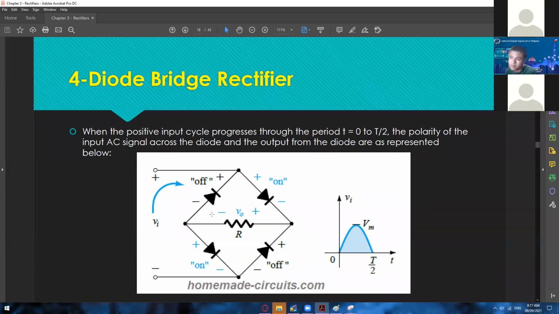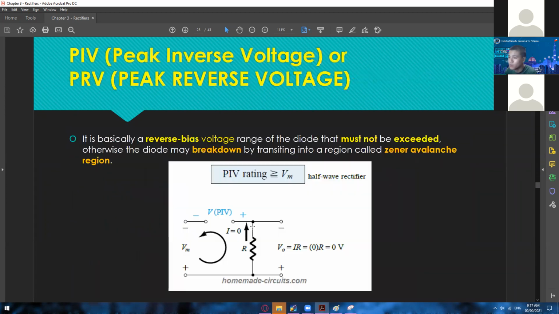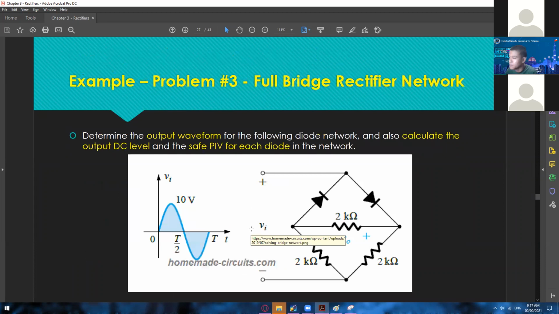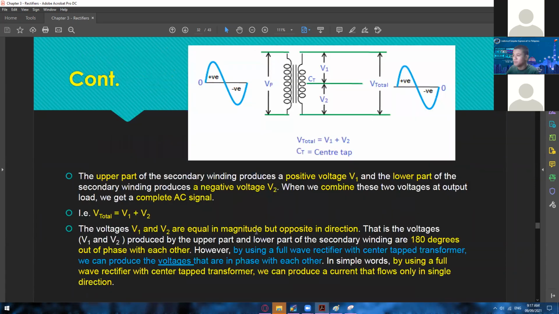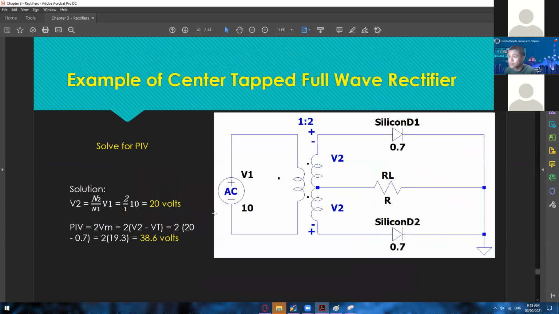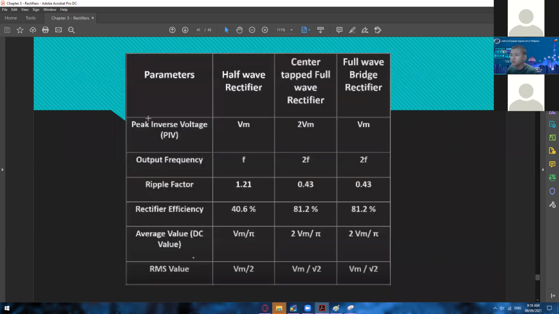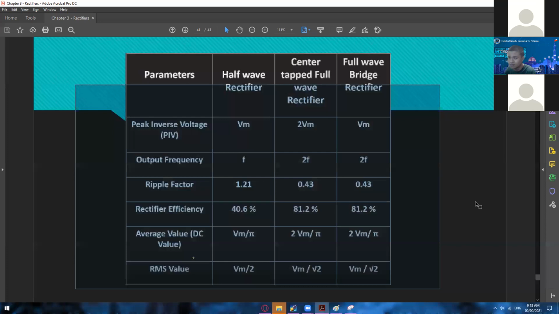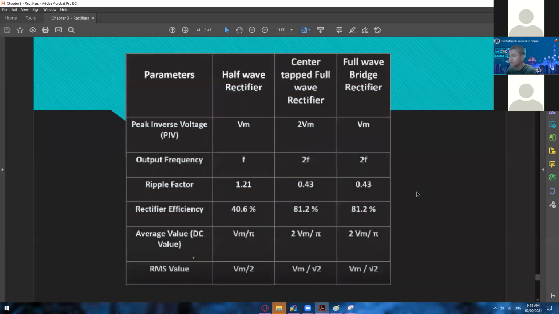You can decrease the value by adding more components in here. But if you want to increase or amplify the voltage, then you have to use a center tap full wave rectifier.